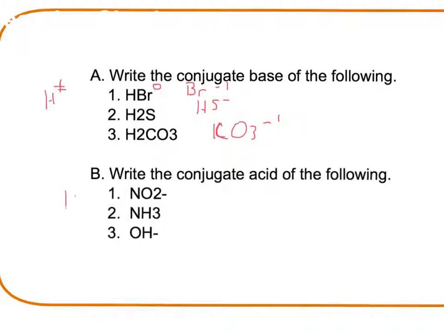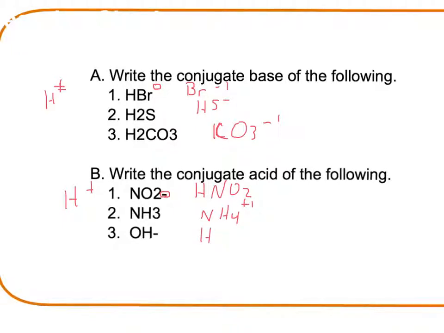Therefore, we will be adding a hydrogen to each of these. So we will have HNO2. Because we're adding a positive charge, this charge drops. Here we will have NH4+ with a +1 charge because we are adding a +1 charge to our 0 charge.